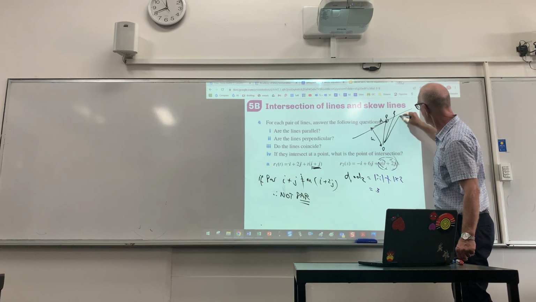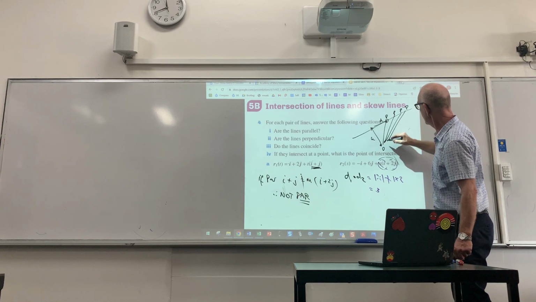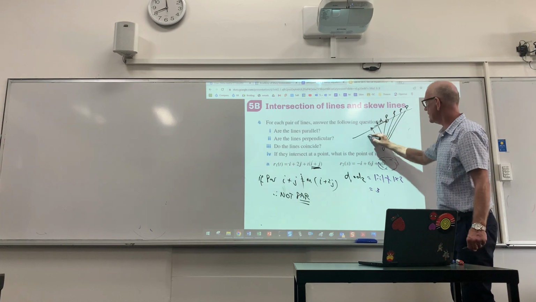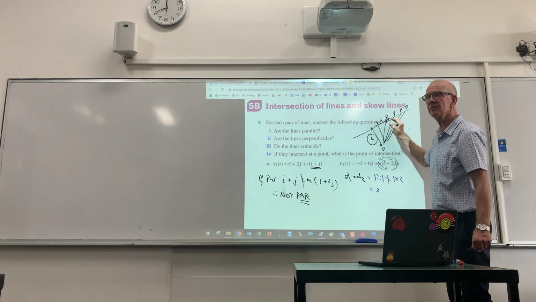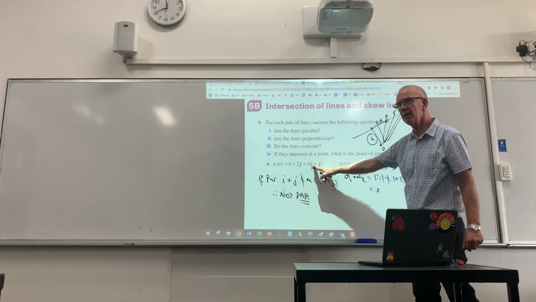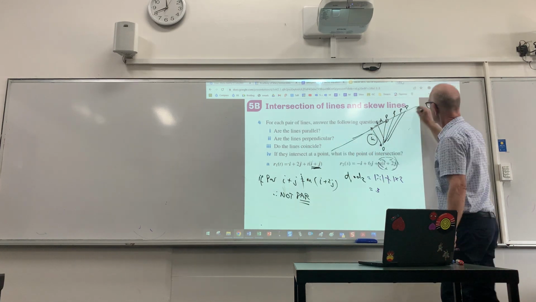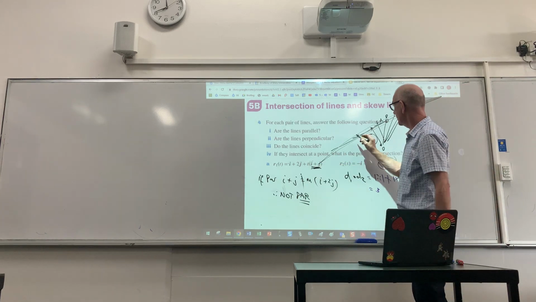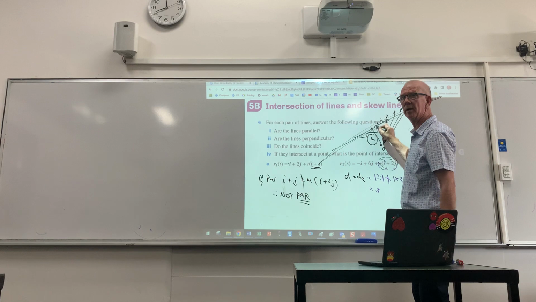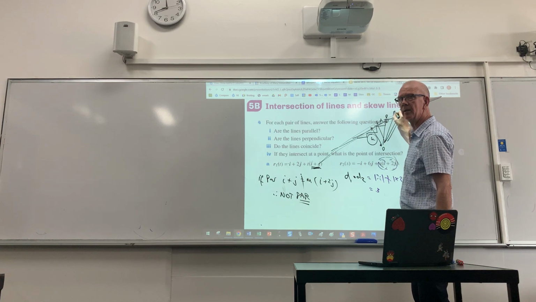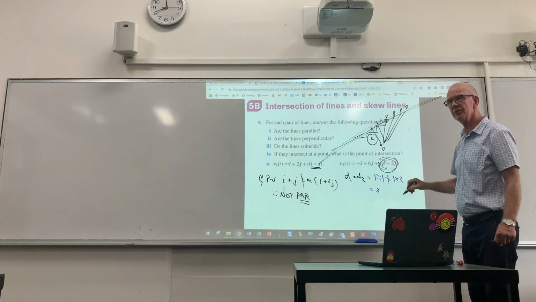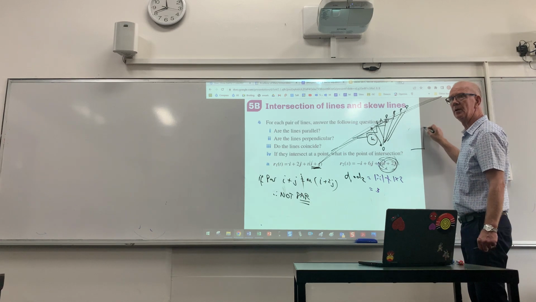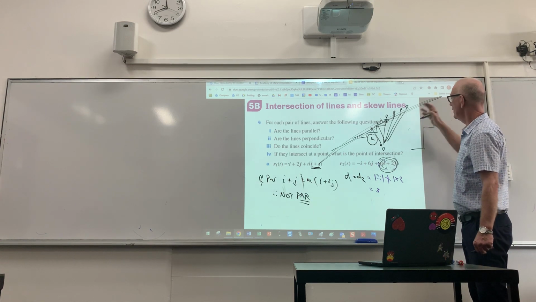My p value will be somewhere along that line, because it's a plus some proportion of d. So the direction this is going in is vector d. It's going to go over 1 and up 1, over 1 and up 1, over 1 and up 1. Whereas this one goes in a different direction, over 1 and up 2, over 1 and up 2. Okay. They're not parallel.